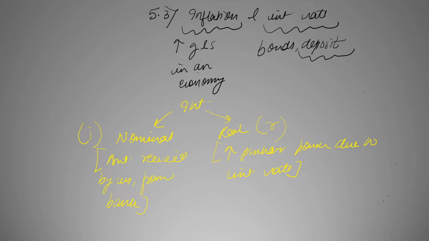Now let us understand this concept with an example. Imagine that you deposited a certain amount, say rupees 1000, in 2020, and the bank promised you interest of 10% on the same.